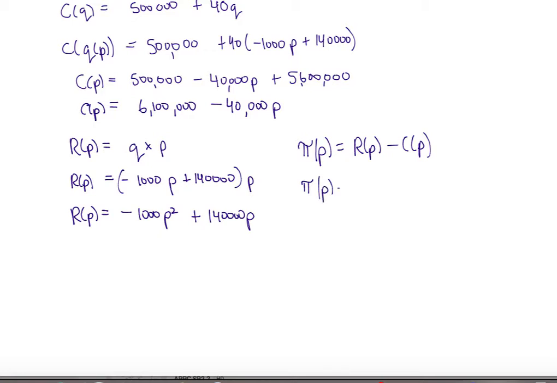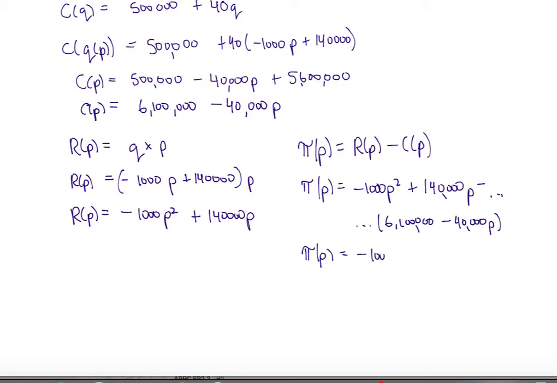So when we substitute these in, we have our revenue function, which is negative 1,000 P squared plus 140,000 P, minus, I'm running out of room here, so I'll go over here, minus 6,100,000 minus 40,000 P. So our profit function, if we simplify this, becomes negative 1,000 P squared, and I have 140,000 plus 40,000 P, so that's 180,000 P, minus 6,100,000.